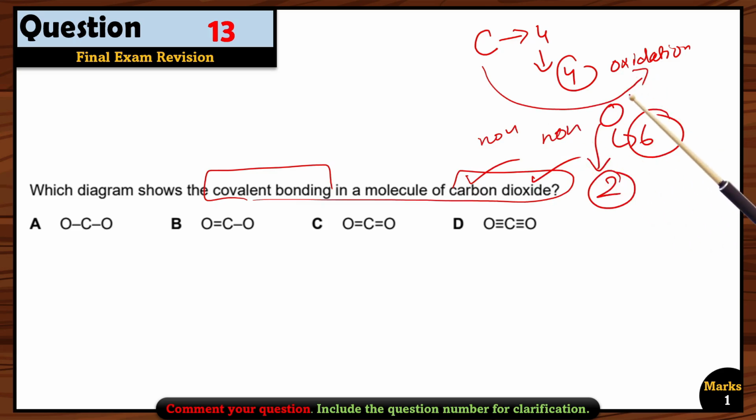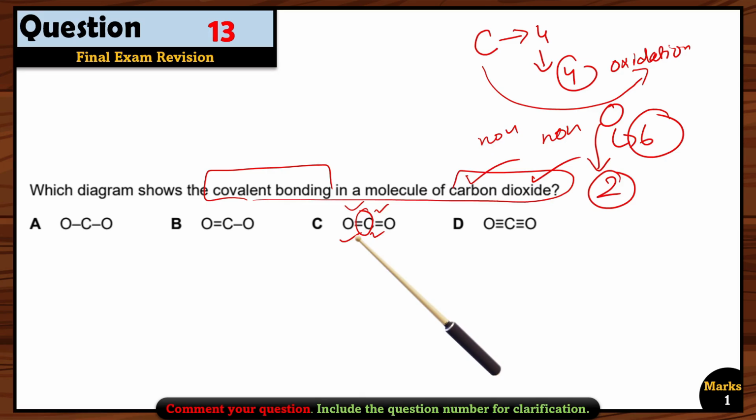So oxidation state is the state which will decide how many electrons an atom can lose or gain or share. So carbon should share 4 electrons now because its oxidation number is 4. You can easily see here, right? Whereas oxygen's oxidation number is 2 because it belongs to group 6. It just needs 2 electrons to complete its outermost shell.